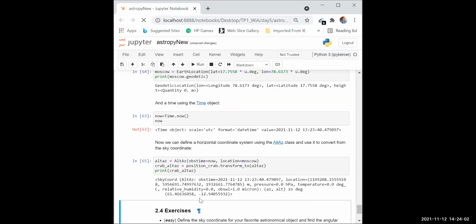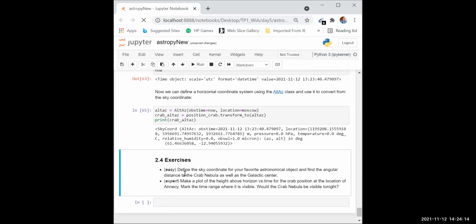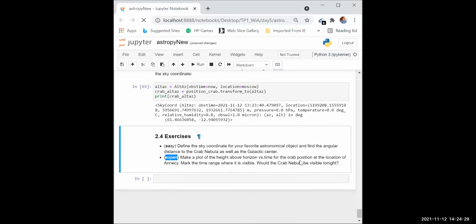And you see that it is minus 12.94, and azimuth is 61.46. So there are some exercises which we will be giving, written right here. There is one easy one and there is an expert one. So go for both and I'm sure you'll be able to do it.